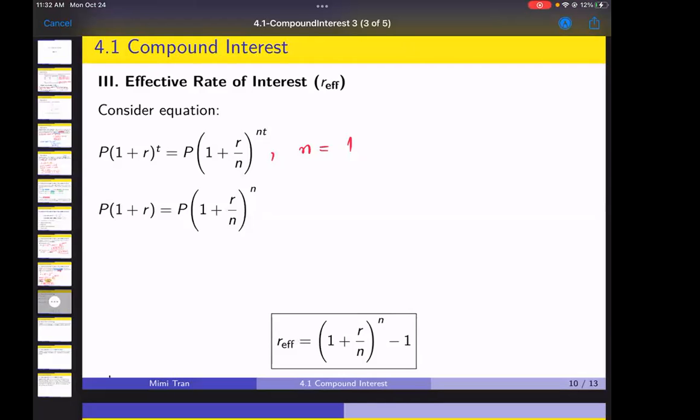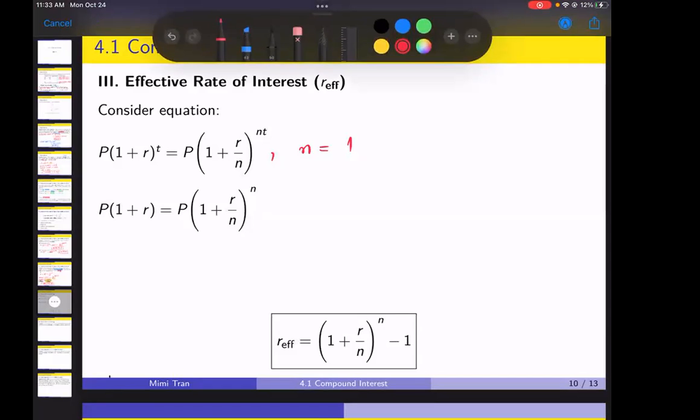All right, so we established they are equal. Now I'm gonna let t equal 1. So it's reduced to this. Right? From that reduced to this. I want to solve for this r. This is my effective rate, REFF. I want to solve for that little r.